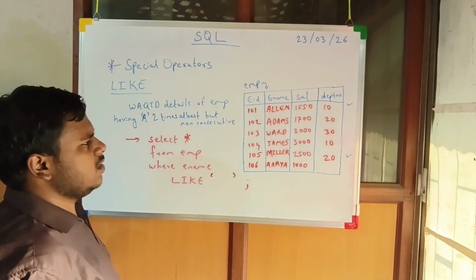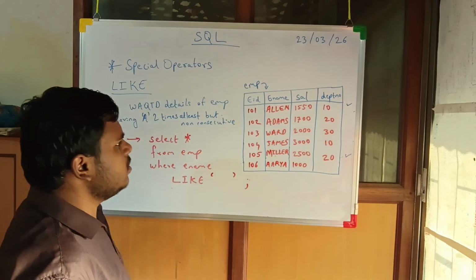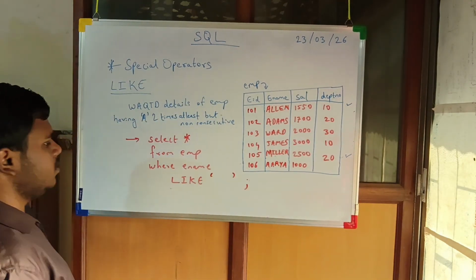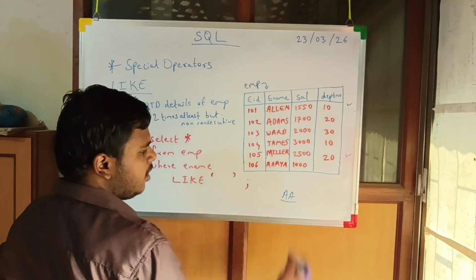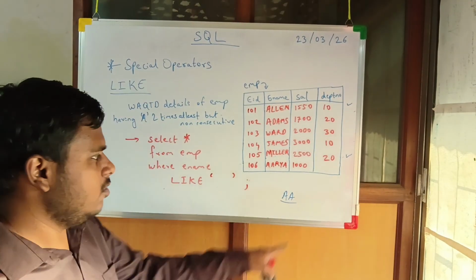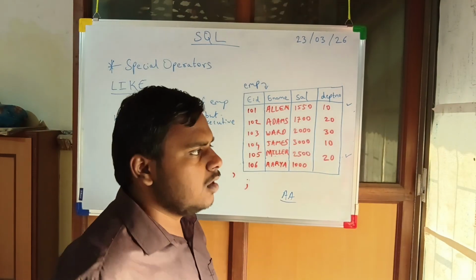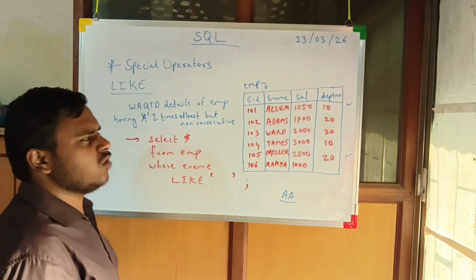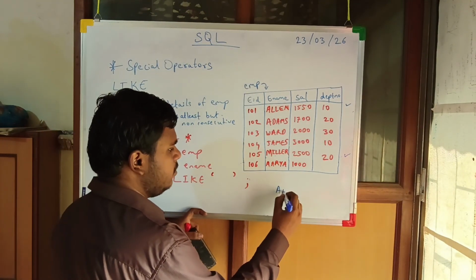Sir, not understood, sir. Two times A but not consecutive means I don't want this twinning. I don't want two characters to be together, but they should be separated somewhere, and at least two times should be there. Okay, let's say Aman.